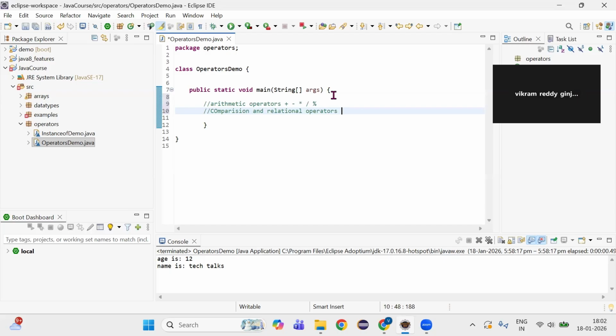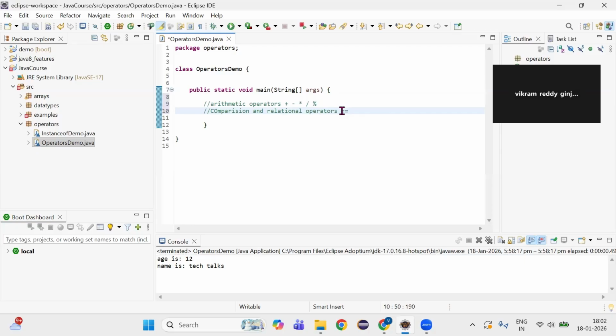Why do we say relational? Because we are validating one operand against another. We are finding the relationship, whether it is equal, or greater than, or less than or equal to, and so on. So how do we represent them? Each operator is represented by a symbol, and for equals we have two equals signs.